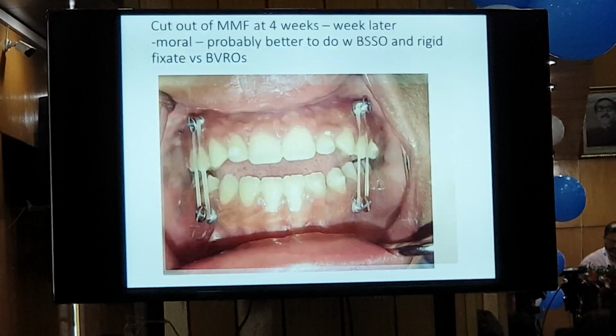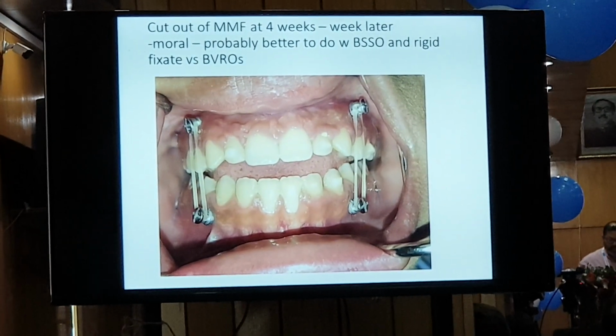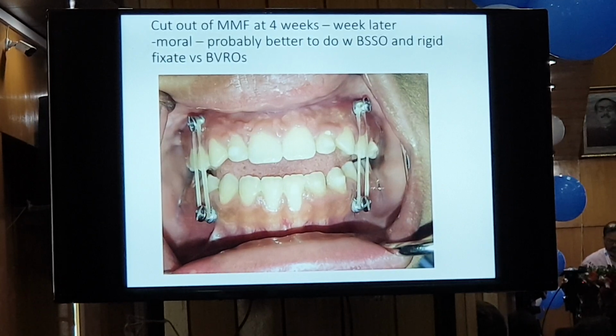And then once we started cutting her out of MMF and started putting the aligners in, her bite opened up. And we did a PRO in this case. So I think we probably would have avoided this had we done sagittal splits. The PRO site was not rigidly fixated with a local plate. So she's still a work in progress. She's a recent case.